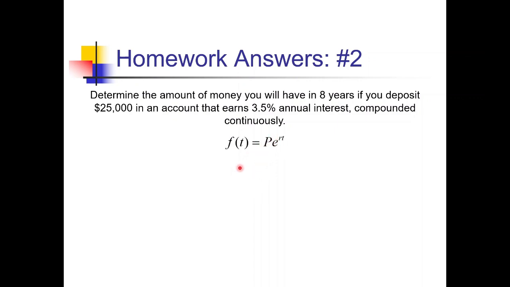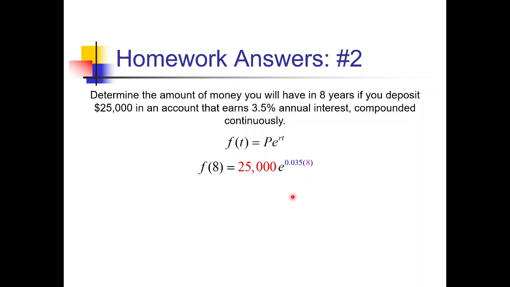So if we want money in 8 years, we're doing f of 8. Our p value, that's the principal, that's what we deposited initially. That's the 25,000. And the r is the decimal version of this percent increase, so 0.035. So that's going on the e in the exponent there. And then for the t, again, that's the 8.